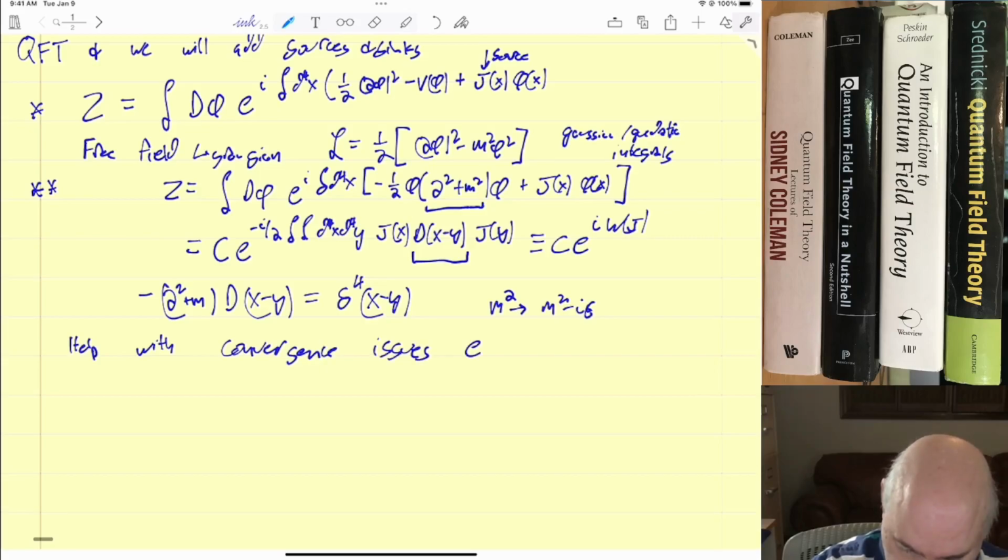We'll get some kind of factor like e to the minus epsilon, the integral of d4x phi squared, which is good. And it defines poles as well.